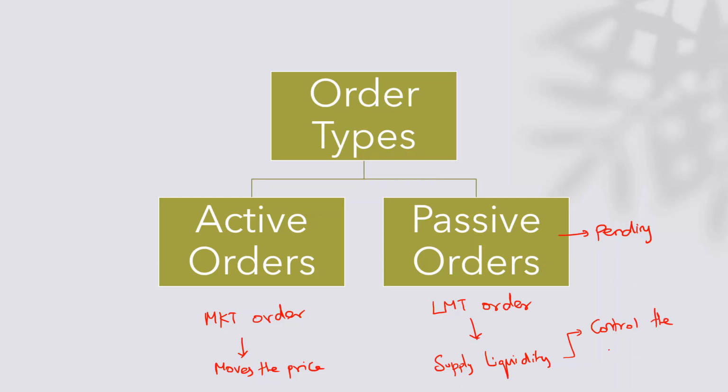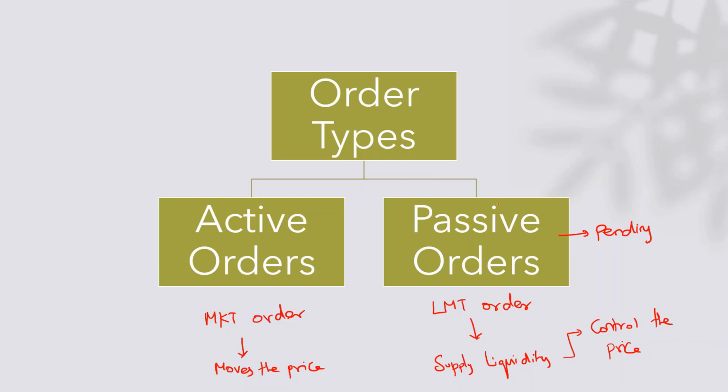When I say control, what I mean is, if the limit orders want to stop the price, they can stop the price at any level. Maybe they can create a resistance, they can create a support zone. That is totally possible using the passive orders.